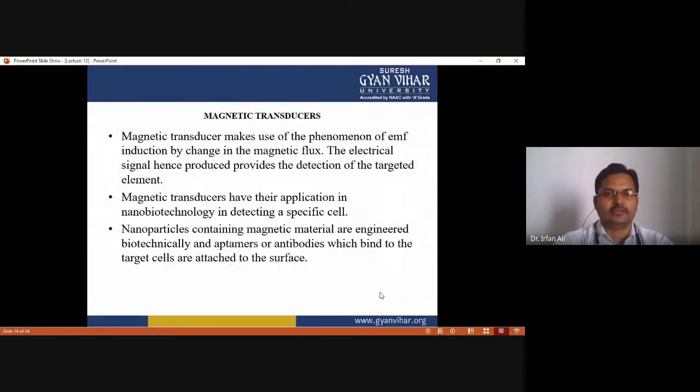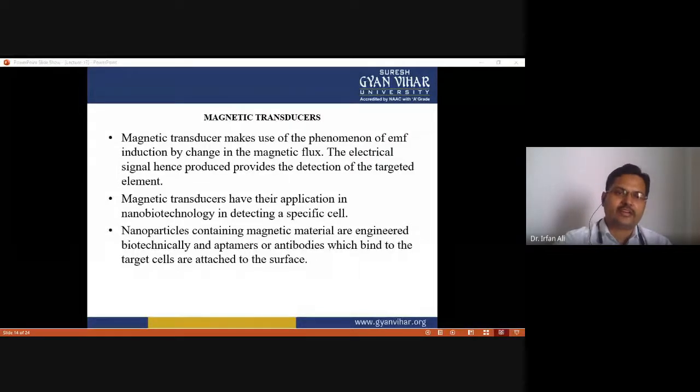And another is the magnetic transducer. So the magnetic transducer makes use of the phenomenon of electromotive force induction by changes in the magnetic flux, and the electrical signal hence produced provides the detection of the target element. Magnetic transducers have their application in nanobiotechnology in detecting specific cells, and nanoparticles containing magnetic material are engineered biotechnically, and aptamers or antibodies which bind to the target cells are attached to the surface.